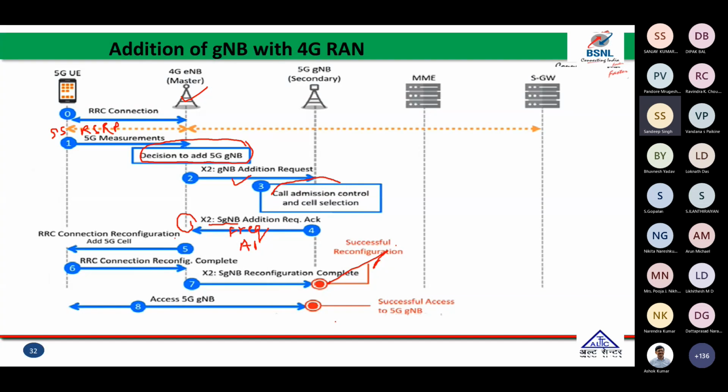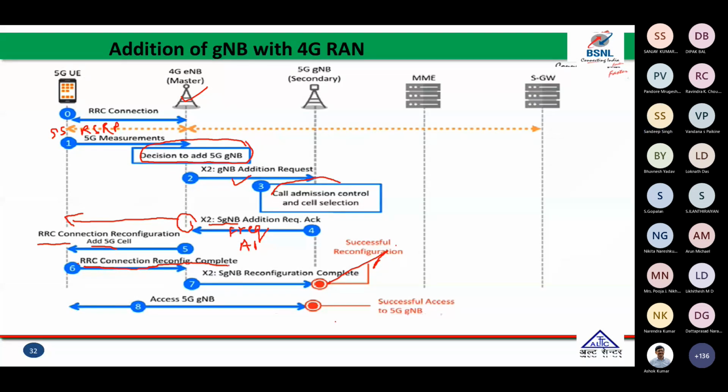They send this to the master E node B, and all these messages are sent to the UE by the RRC reconfiguration message, on the dedicated control channel, by RRC connection reconfiguration to add this 5G cell. On the UE side, they send the message RRC connection reconfiguration complete.